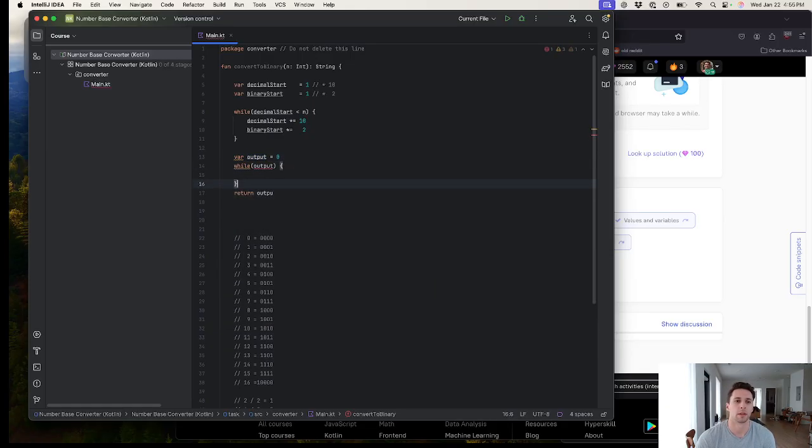Return output, and then you don't start here, you start output should be our binary. I don't know what this is yet.